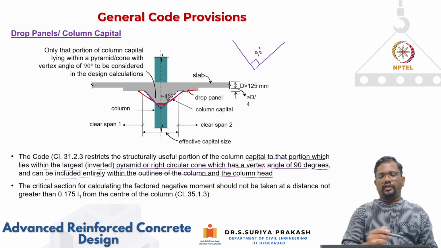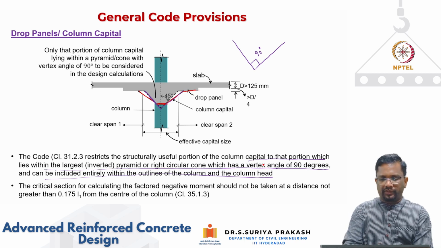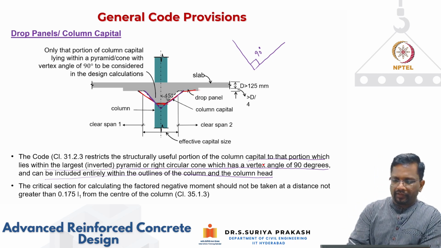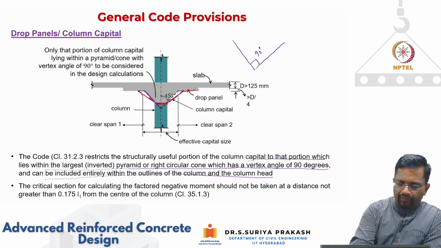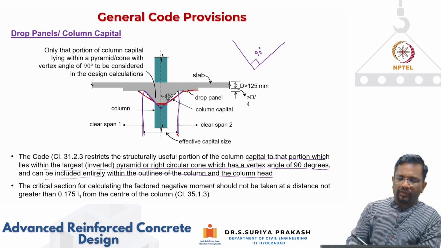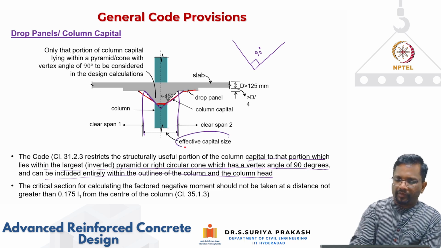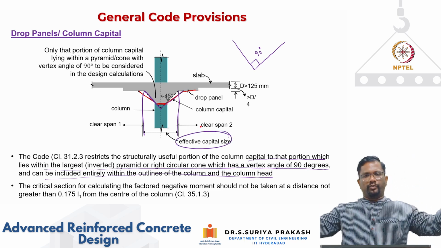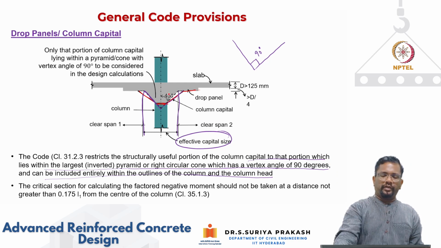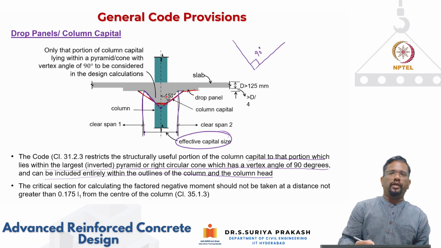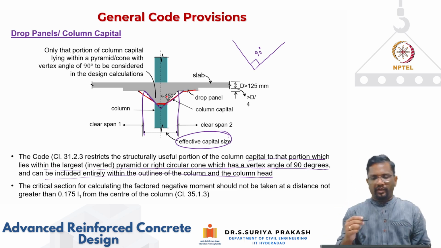That is the effective portion of the column. Though the red color is what you have provided, this violet color is the useful part of your column capital.